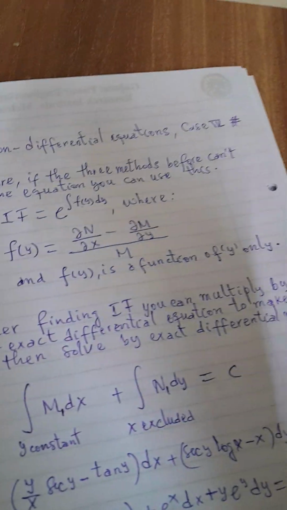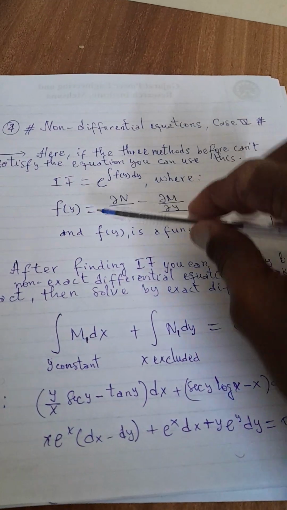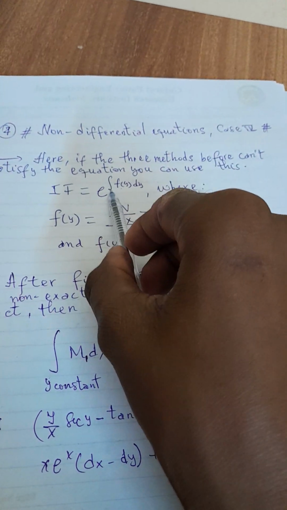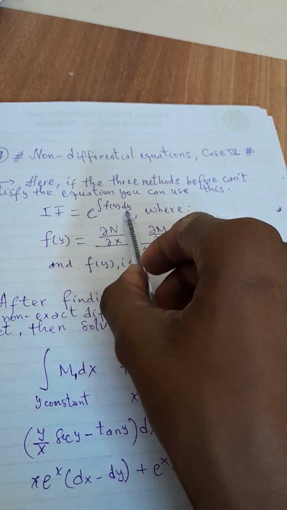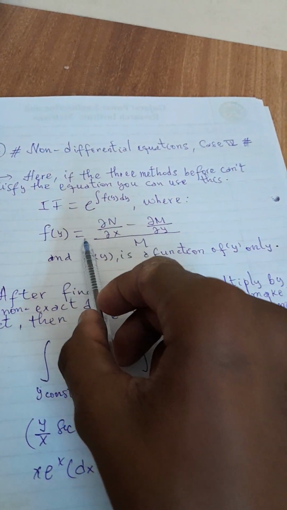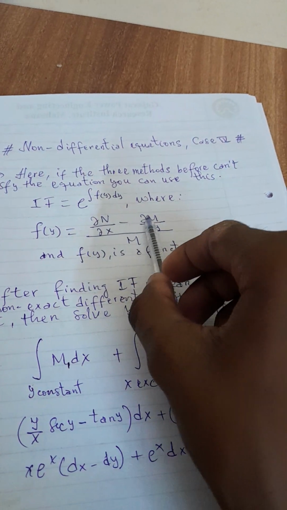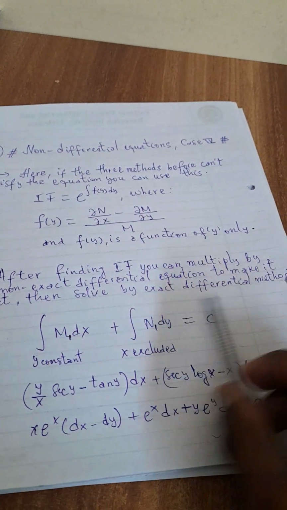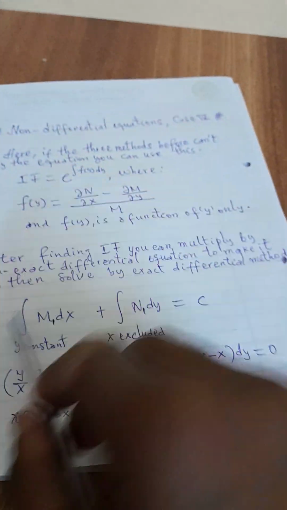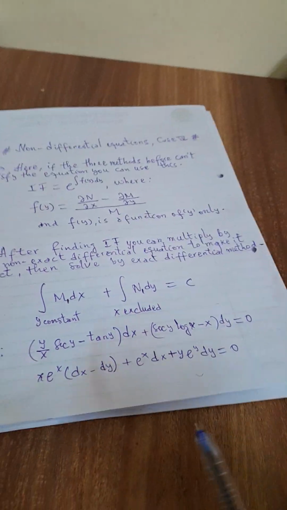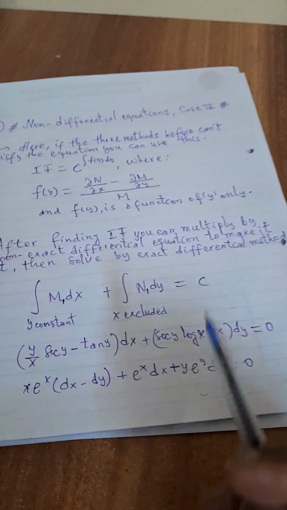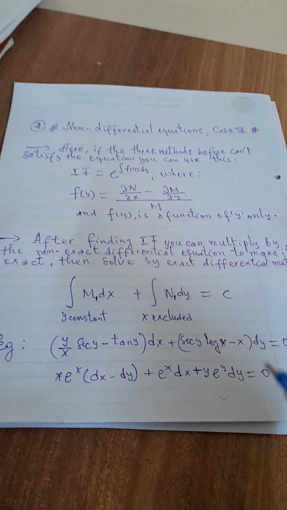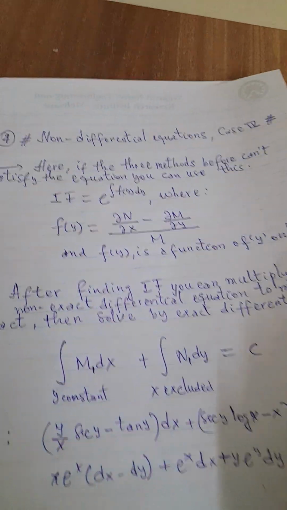After finding the integrating factor, Euler raised to the integral of f of y dy, where f of y equals del n upon del x minus del m upon del y, upon m, you multiply this integrating factor and find the solution of this differential equation using the exact method.